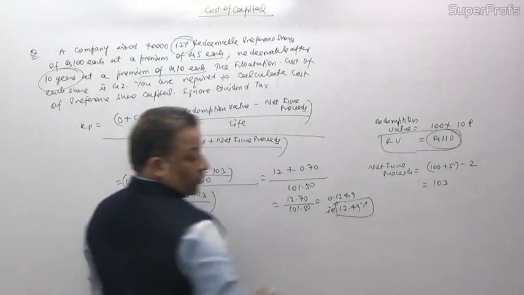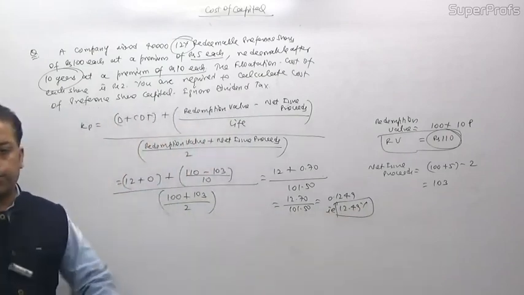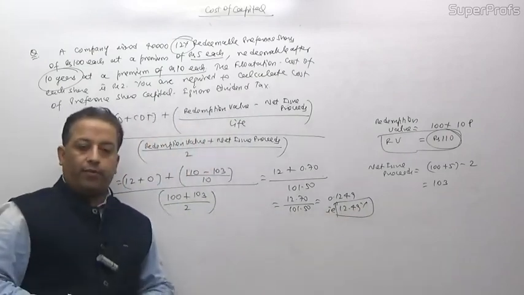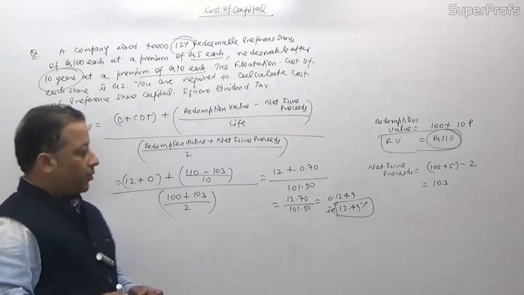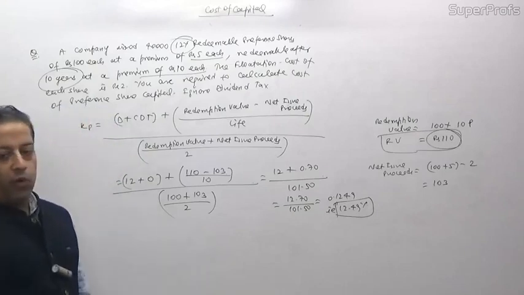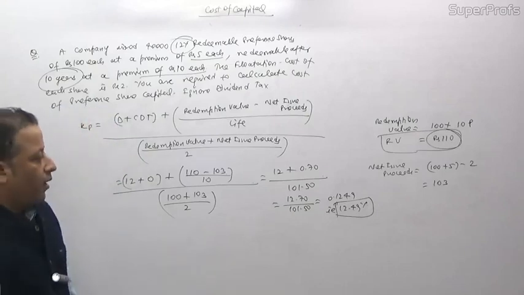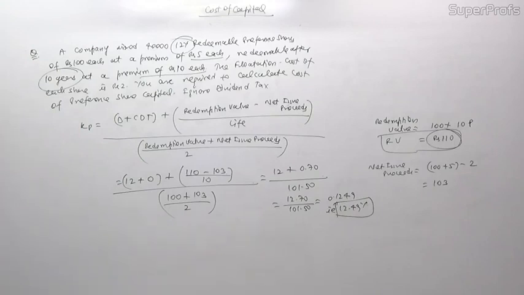The cost of redeemable preference shares amounts to 12.49%. So please note down this question and solution.